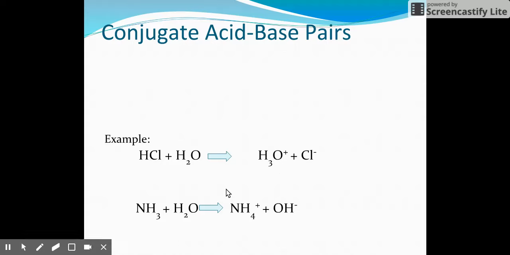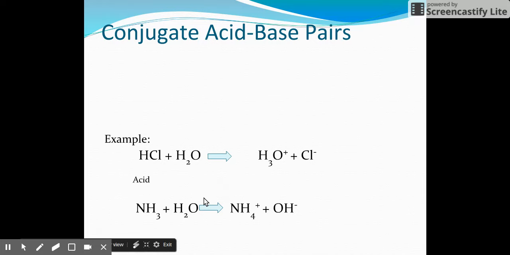What we want to do is identify, according to Bronsted-Lowry, acid-base pairs. So if you take a look at our first example, HCl, well, you know it's an acid, but that's not good enough at this point. We want to find out, how do we know it's an acid from this equation according to the Bronsted-Lowry definition? Well, remember, the definition of an acid is a proton donor.